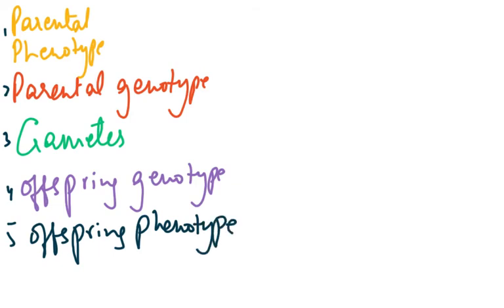So please remember, you've got to always answer these questions according to these 5 headings. You might not write the heading. The heading is immaterial if your line is not correct. So if I said a couple has 4 different blood groups, the possibility is that the parental phenotype is one parent A and one parent B. This is blood group A, and this would be blood group B. Now what will be the genotypes?